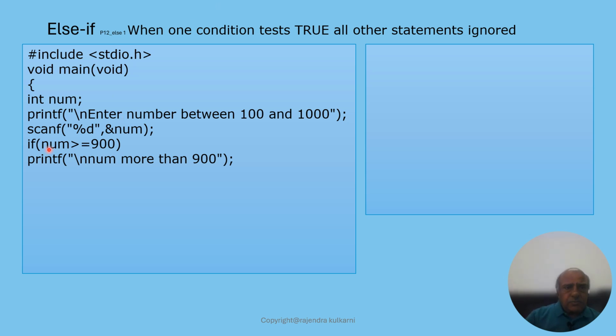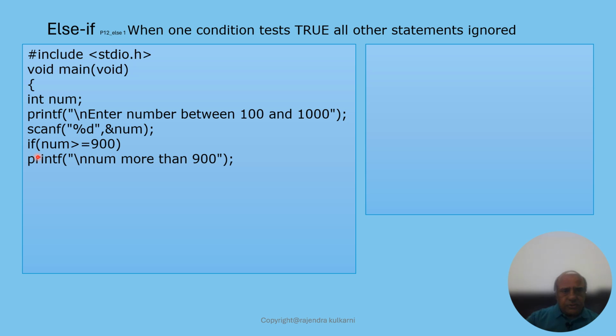In this program, we are trying to understand how that statement works. We have declared num as an int variable. We are asking the user to input a value between 100 and 1000, and whatever is the entered value we are assigning to num.